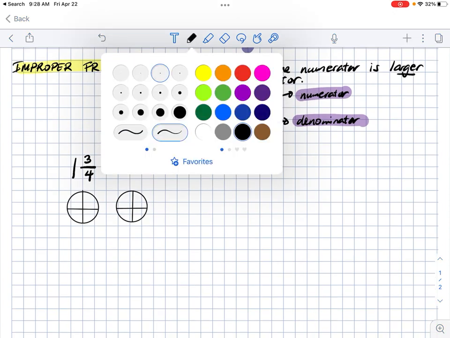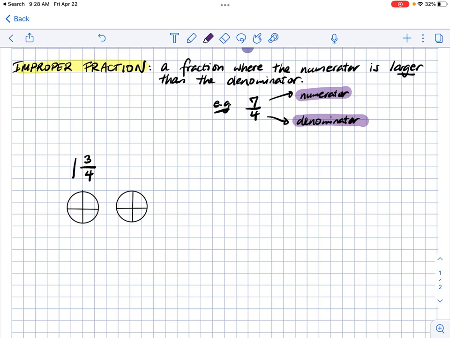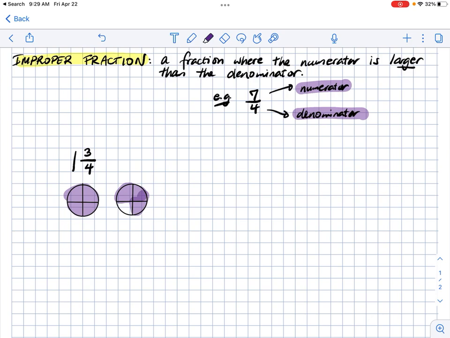So this is the whole, and then I'm shading in. So these two pieces together represent one whole, and 3 out of the 4 pieces are shaded, so that's 3/4, right? So that's why it represents the mixed number 1 3/4.